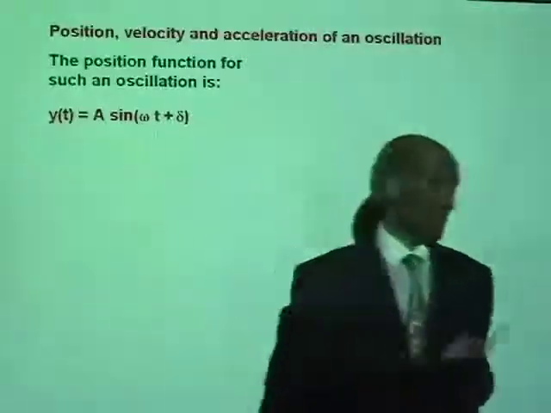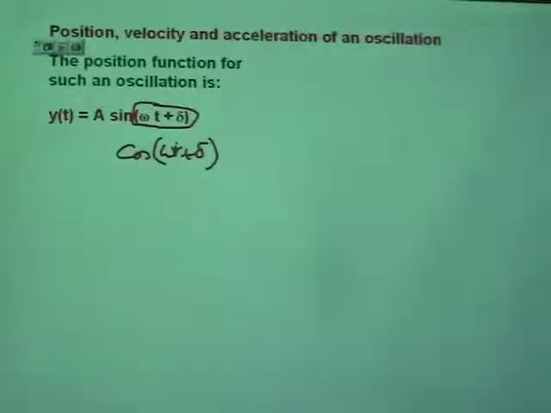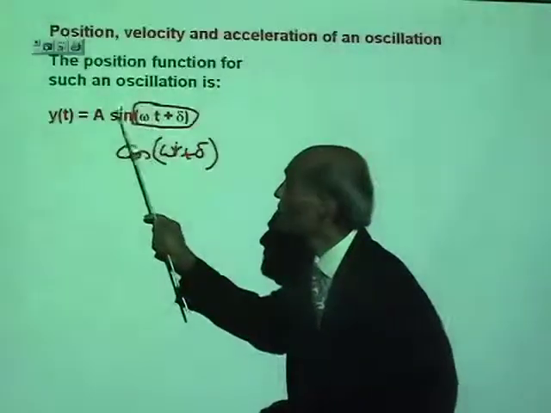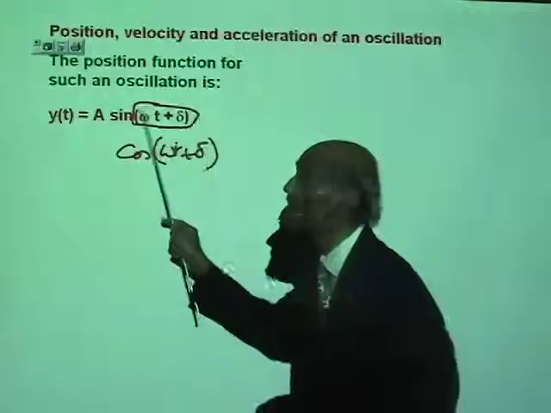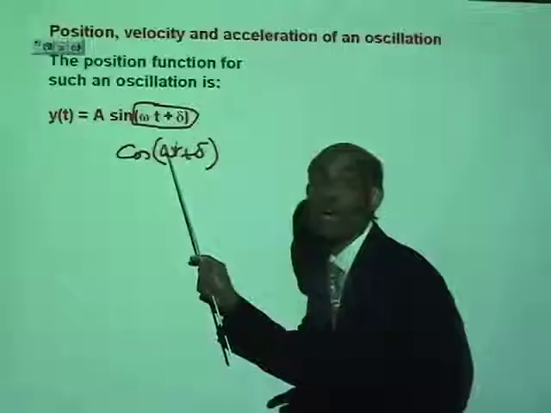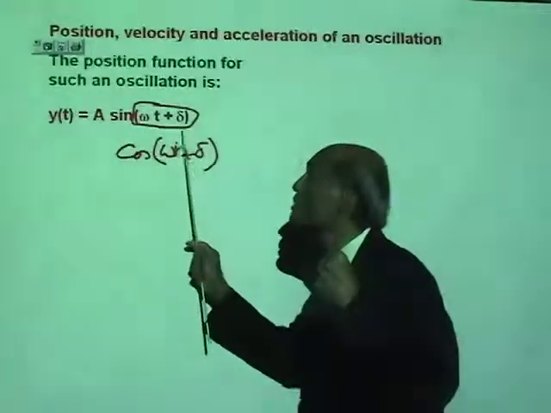Now listen to me carefully: the derivative of a sine quantity is the cosine of the same quantity, and you have to multiply that with the derivative of this quantity.